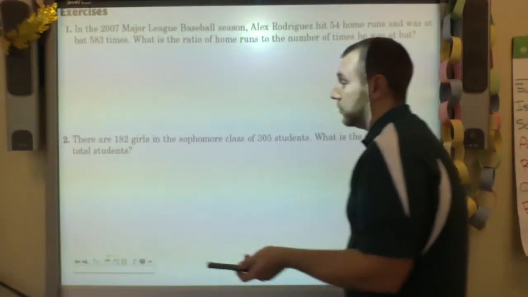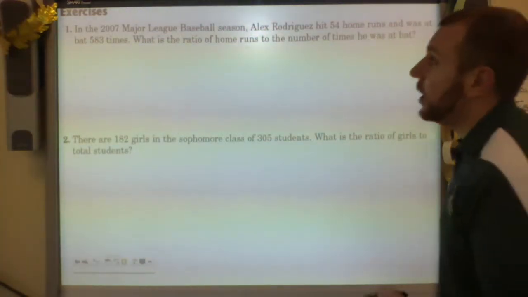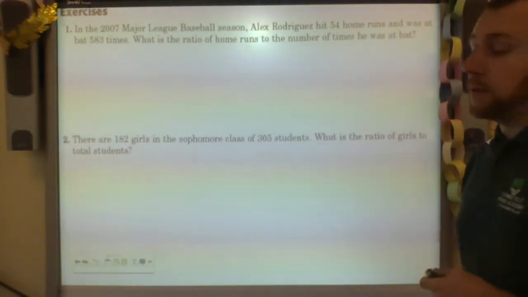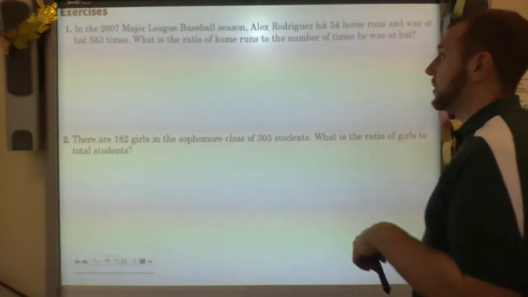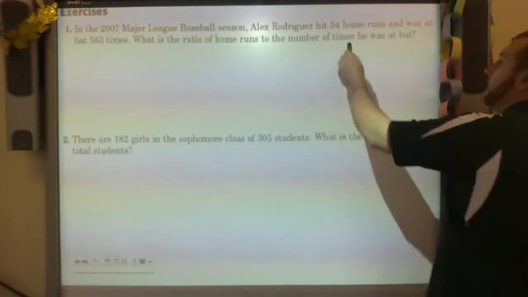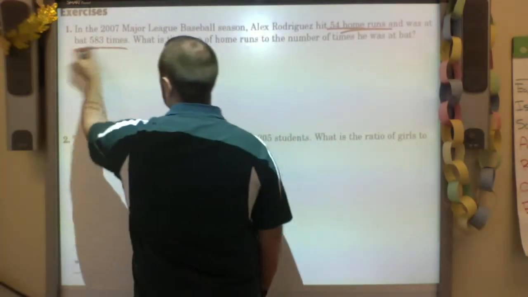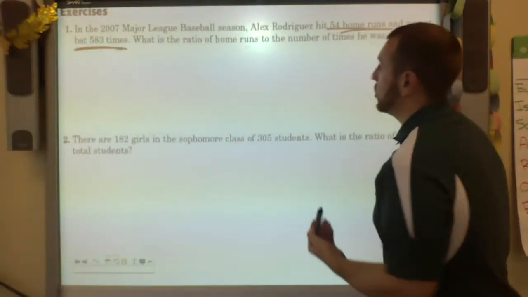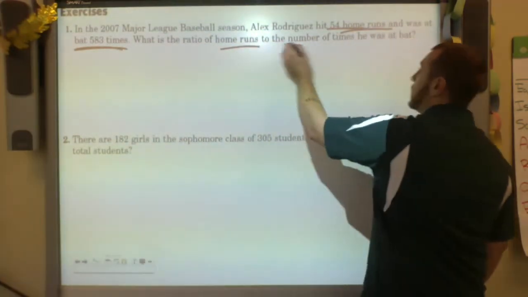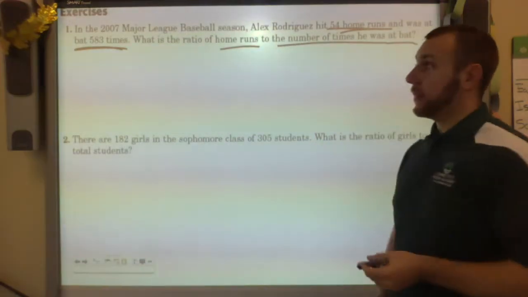So to review, these next problems. In the 2007 Major League Baseball season, Alex Rodriguez hit 54 home runs and was at bat 583 times. What's the ratio of home runs to the number of times he was at bat?